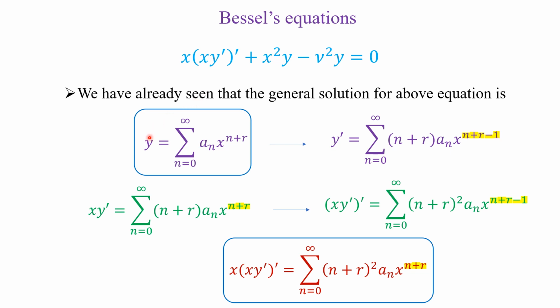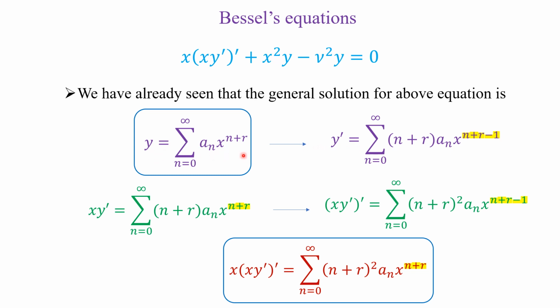So we have already seen the solution for this equation is y is equal to summation over n from 0 to infinity of a_n x power n plus r. Now I am taking y prime.